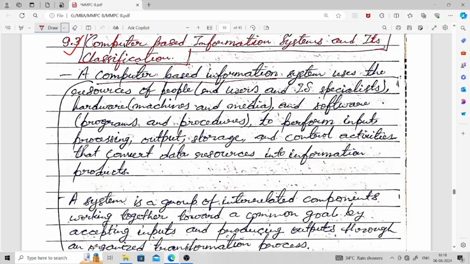So the ultimate purpose of this computer based information system is to produce information from the raw data. It uses resources of people, software, hardware to perform processing on inputs to get output, and there are also functionalities of storage and control activities. So that's about the computer based information system.